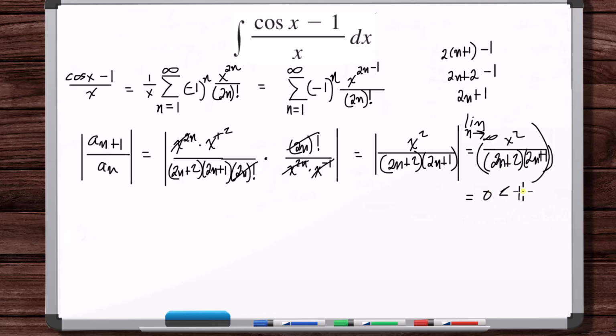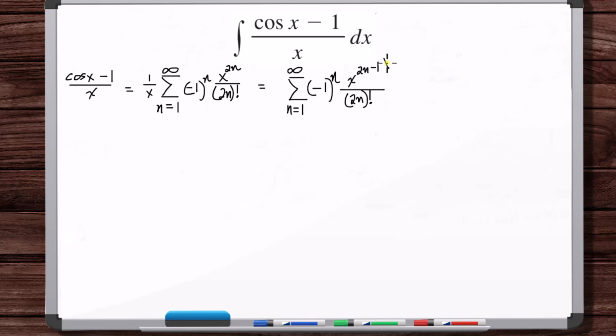So, okay, the radius of convergence of this is infinity. But you can imagine, you still can't plug in 0. Even though this converges at 0, if you plug in x equals 0, that's not part of the domain of this.